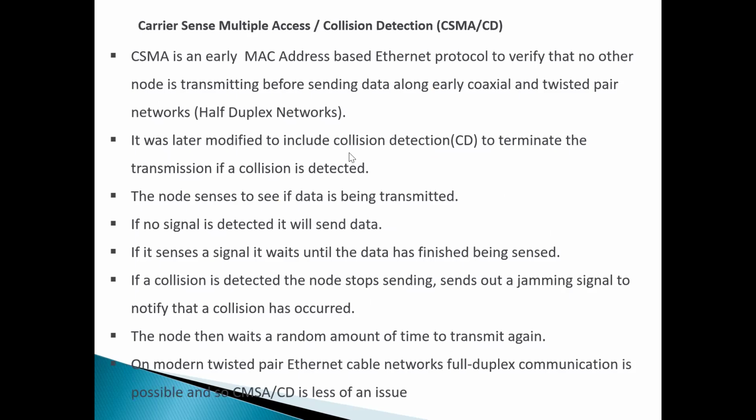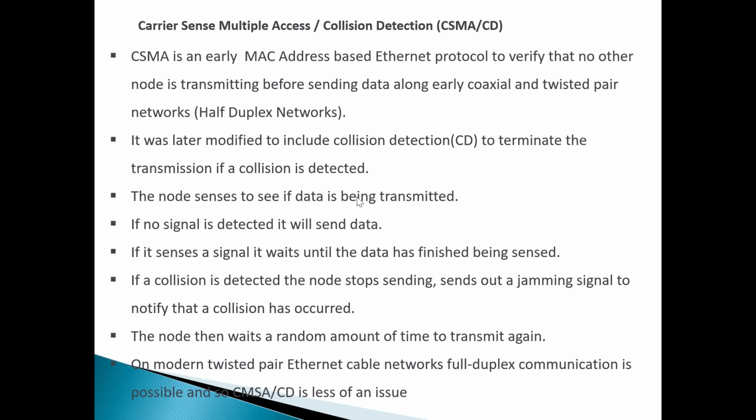Now here, another technology is given, CSMA/CD. It is a complete technology: carrier sense multiple access with collision detection. If there is a network jam, other computers can detect it so that they can stop sending data.